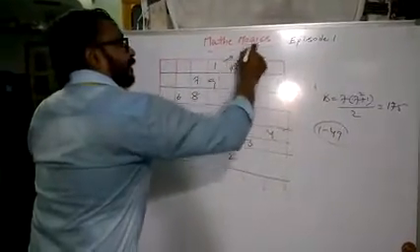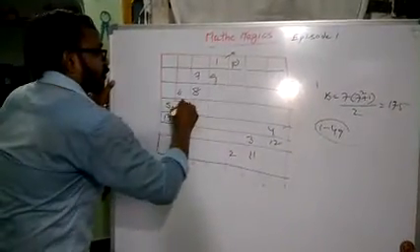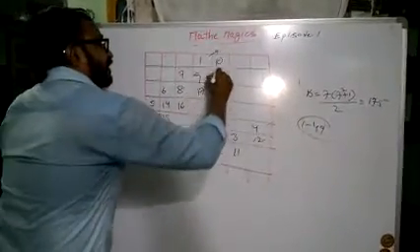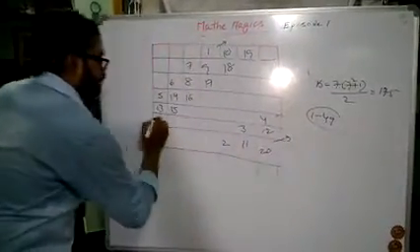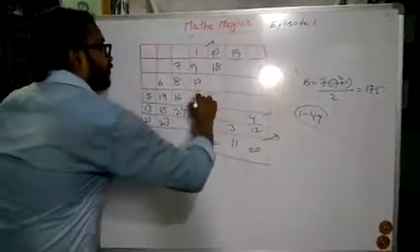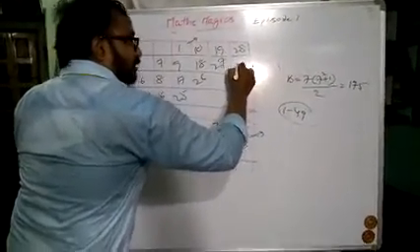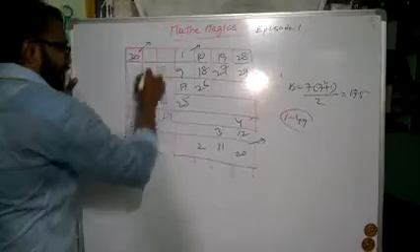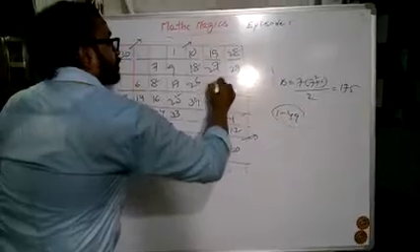8, 9, 10. Then 11, 12, 13, 14. But no place. 15, 16. 17, 18, 19, 20, here 21, no place, 22, 23, 24, 25, 26, 27, 28, no place, we should come down here, 29, no place, 30, then come down, 31, 32, 33, 34, 35.